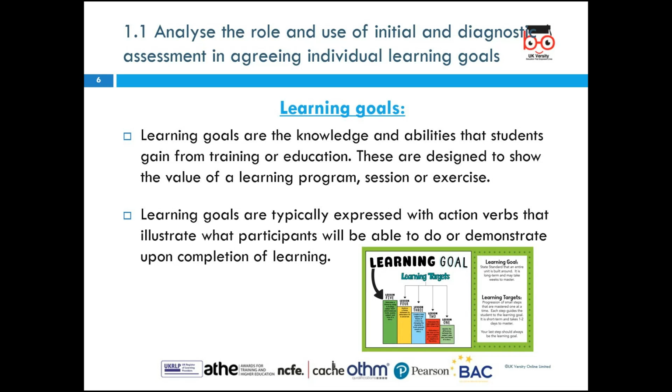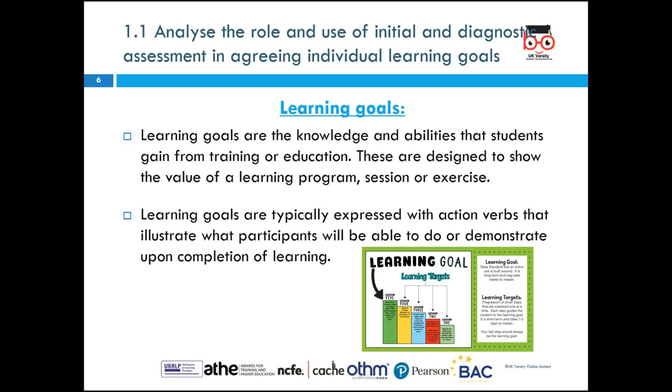Now, learning goals, I'm just going to read through this because it's the best way to explain. Learning goals are the knowledge and abilities that students gain from training or education. These learning goals are designed to show the value of a learning program, of a session, of an exercise or an activity that they're doing.